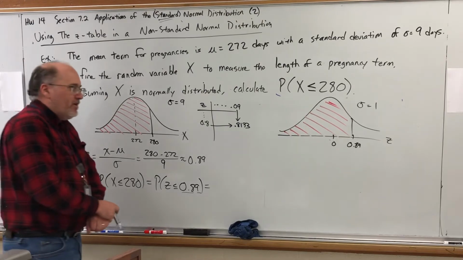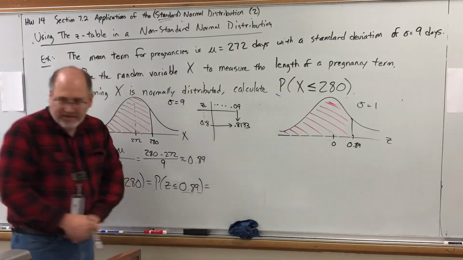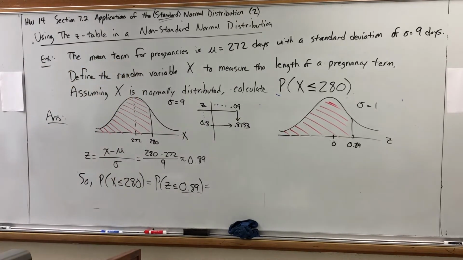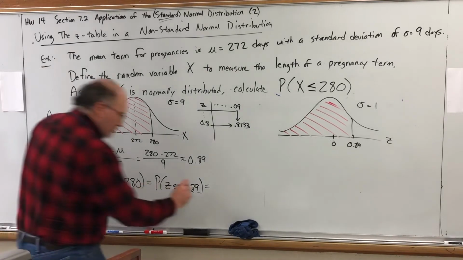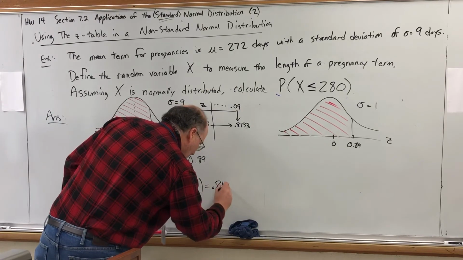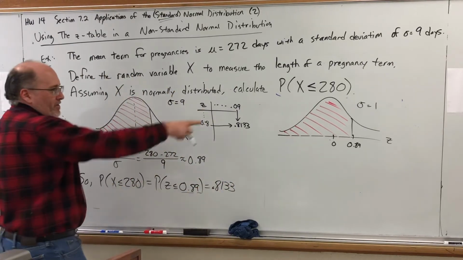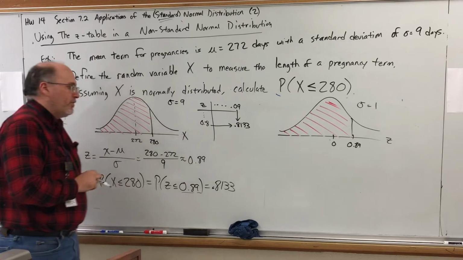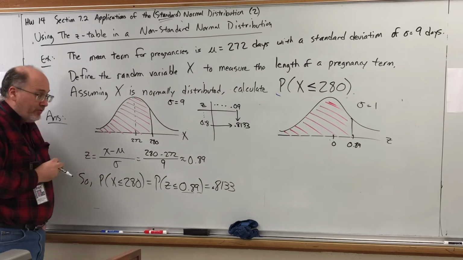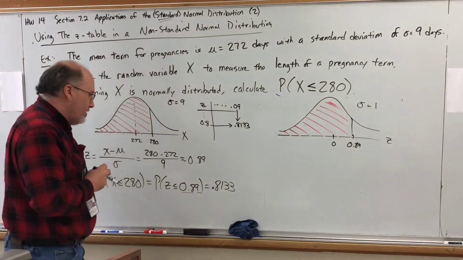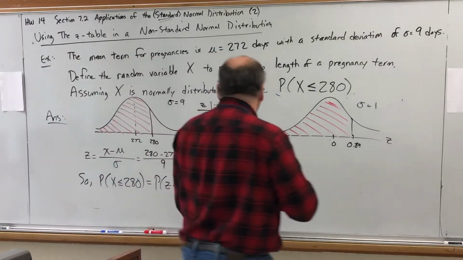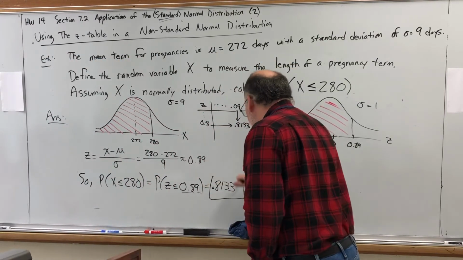Now we just found the area under there using the z-table, and I forgot what I said. Oops, I lost it. I think it was 0.8133. Yes, 0.8133. So the area of that shaded region is 0.8133, which means the area of this shaded region is also 0.8133, which means the answer to the question is that.